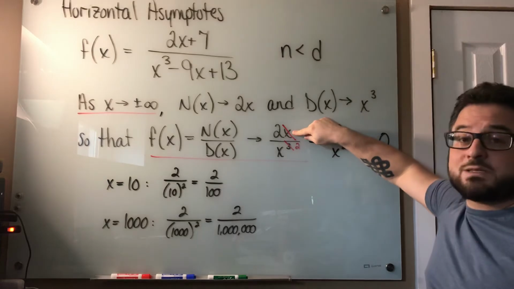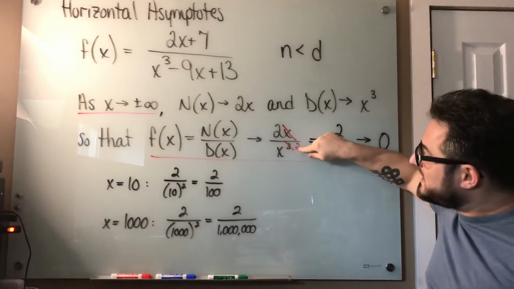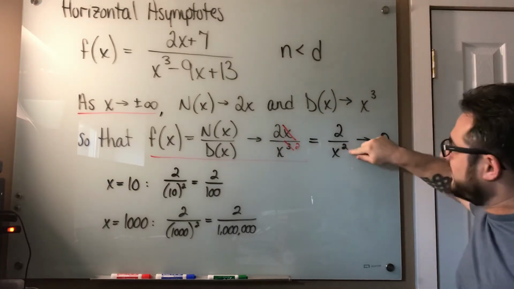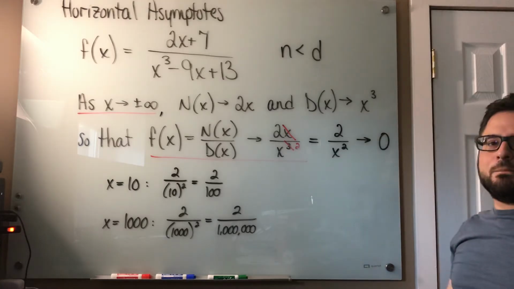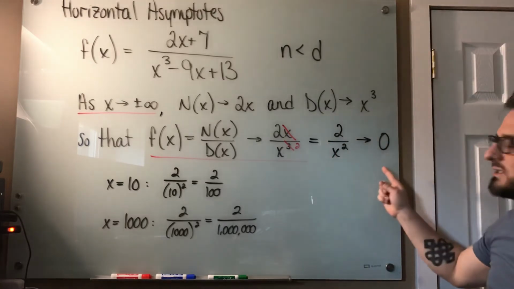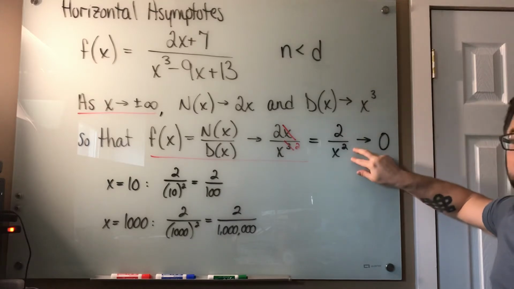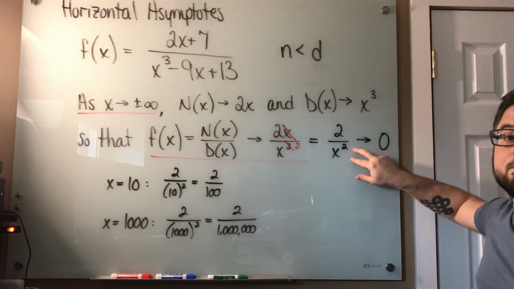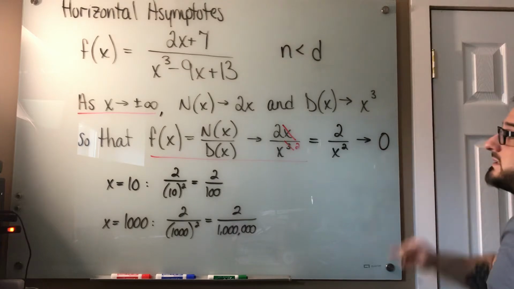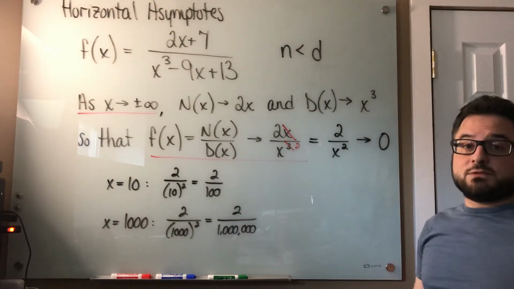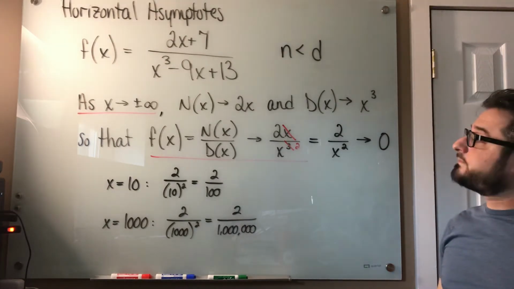All of the x's will disappear out of the top, some out of the bottom, and there will be extras in the bottom. And we will have exactly this situation: a constant in the top, a power of x in the denominator. And that will always go to 0 as x goes to positive or negative infinity.